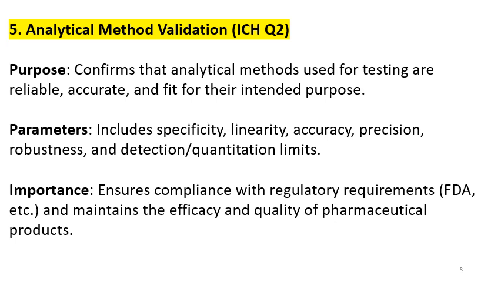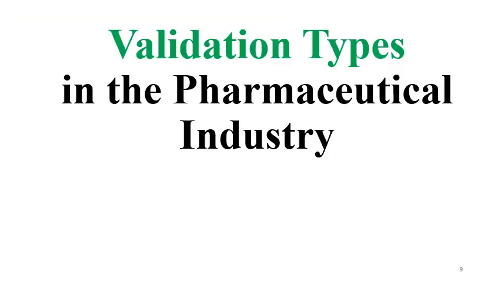The importance of AMV is that it ensures compliance with regulatory bodies like FDA, EMA, ANVISA, Swissmedic, and country-specific guidelines. AMV maintains the efficacy and quality of pharmaceutical products. So this is the information for analytical method validation.